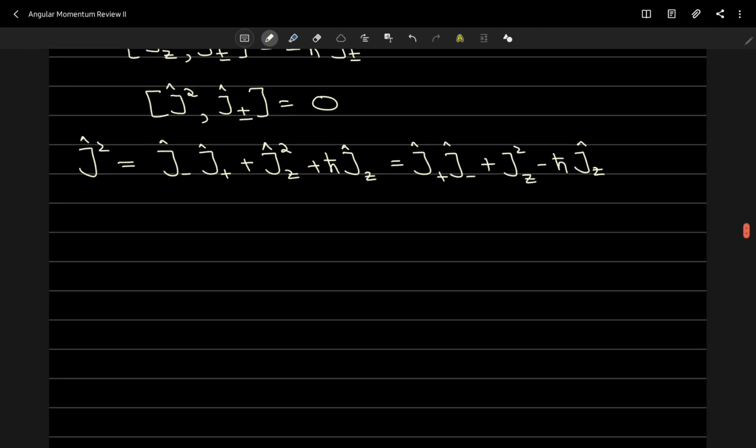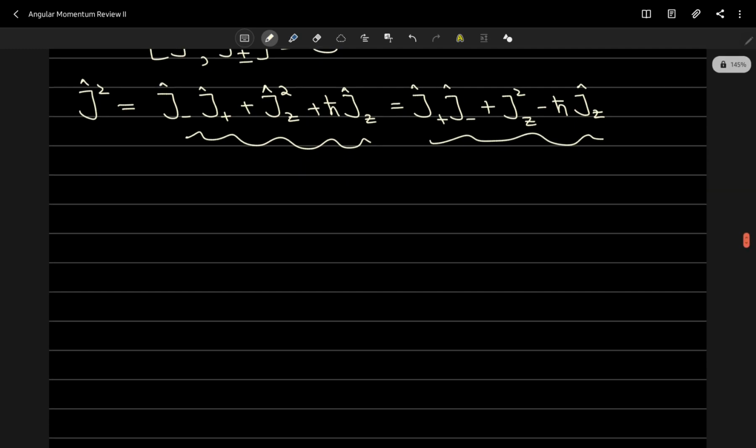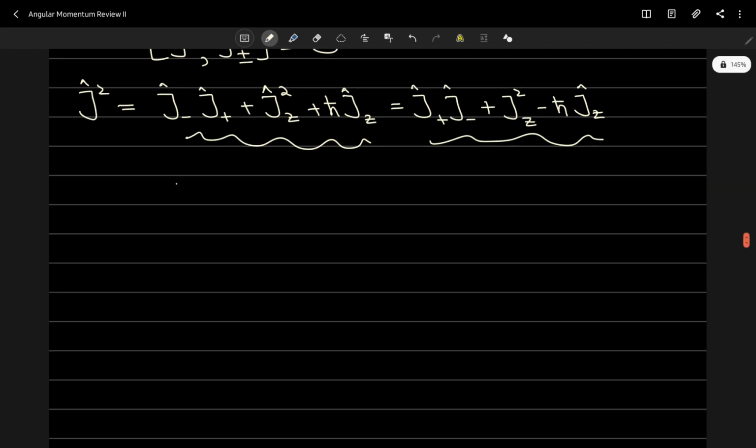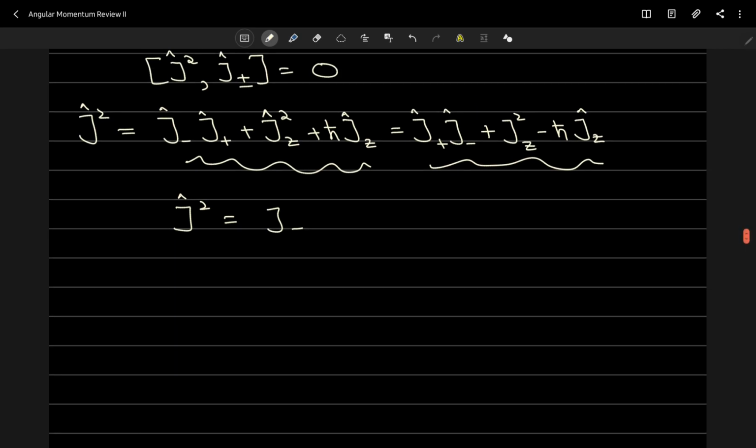These are actually two different representations, and we could write them in general as j squared is equal to j minus plus times j plus minus plus jz squared, plus minus h bar jz.